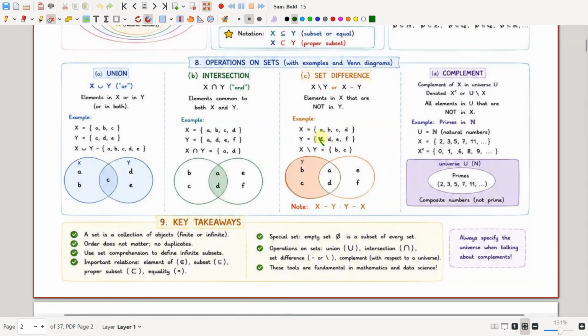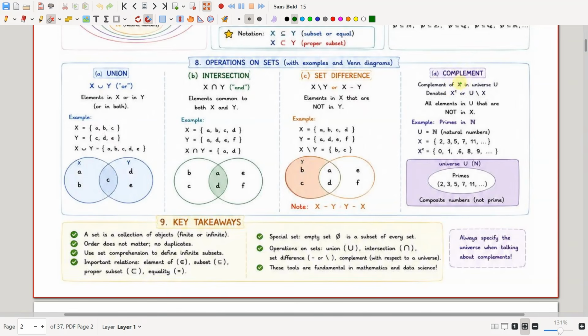So elements in X which are not in Y. A and D are present in Y, which are also present in X. So I have to cancel out the common things and write the answer only from the first set X. So the elements in X that are not in Y, this is what we are getting. The answer is X slash Y is equal to {B, C}.